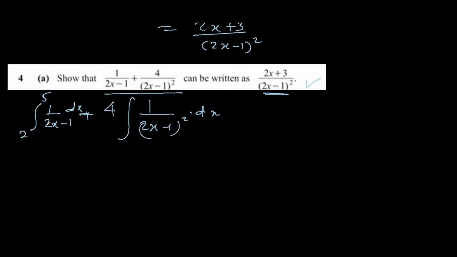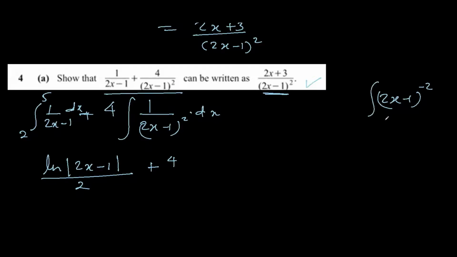The integration of 1 over a linear denominator is very easy. We can write natural log of 2x minus 1, whatever is the denominator, but we have to divide by the differentiation of that denominator. Differentiation of 2x minus 1 is just 2. Plus 4, and this one can be written as 2x minus 1 to the power minus 2.